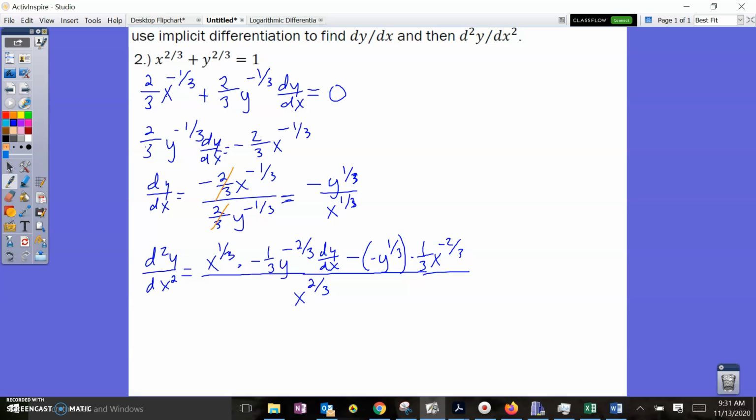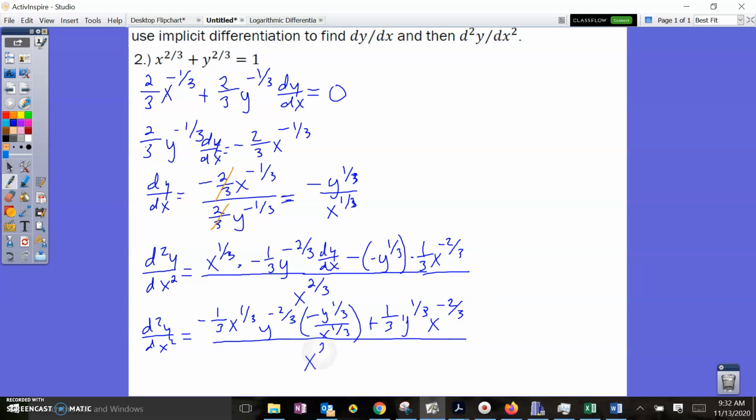And so we want to simplify this. So we've got negative 1/3 x to the 1/3 y to the negative 2/3 times dy dx, which is negative y to the 1/3 over x to the 1/3, plus 1/3 y to the 1/3 x to the negative 2/3.